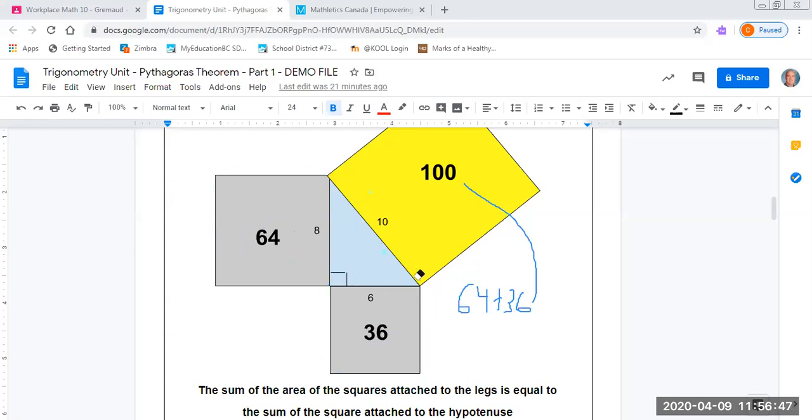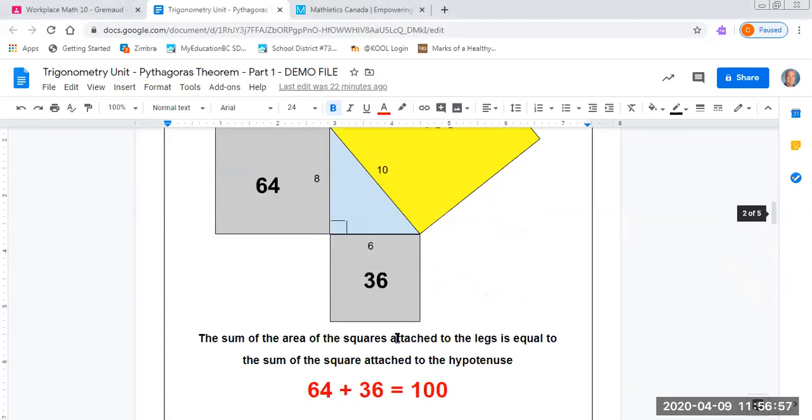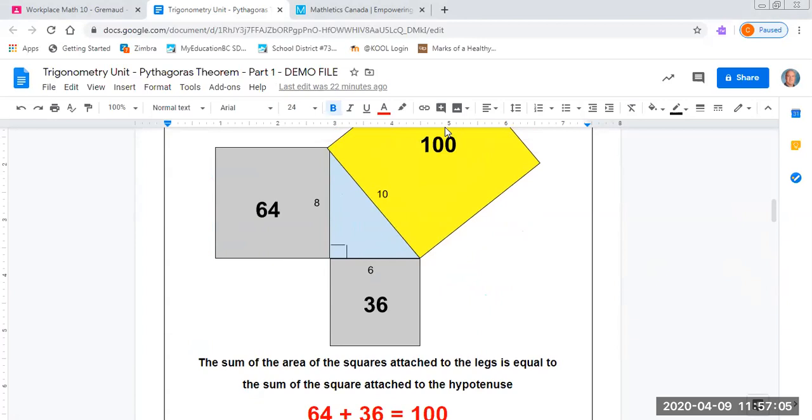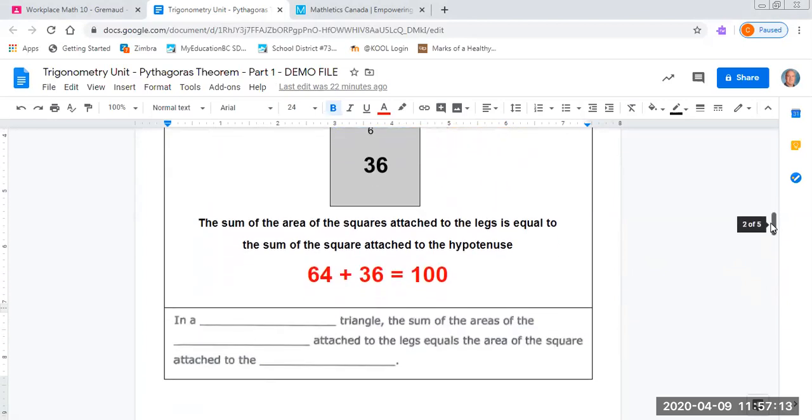Hopefully this makes sense, but in words, what I'm saying to you is that the sum of the areas of the squares attached to the legs, so 64 and 36, is equal to the area of the square attached to the hypotenuse. So 64 plus 36 makes this 100. That's basically the concept of the Pythagorean theorem.